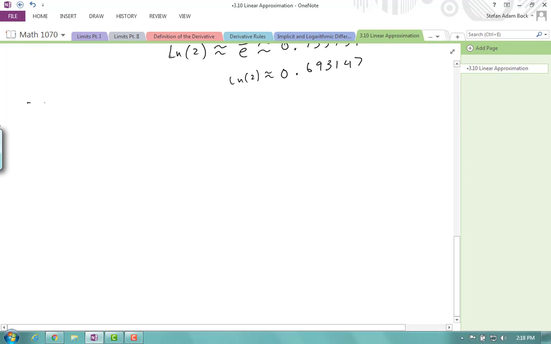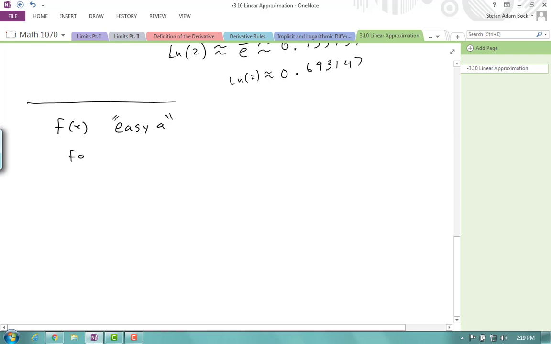So let's start with a function. We'll have a function f of x. It should be differentiable because we need a tangent line. And we need an easy to calculate number, and I call this my easy a. Now you can tell people you have an easy A in calculus.